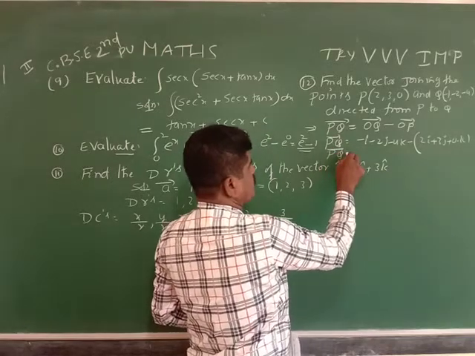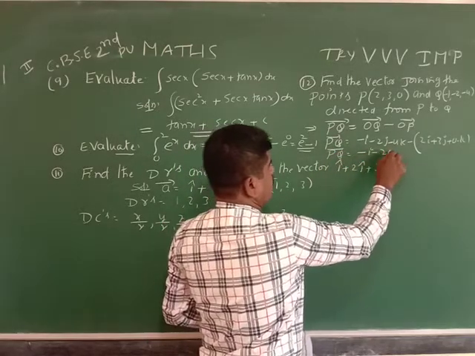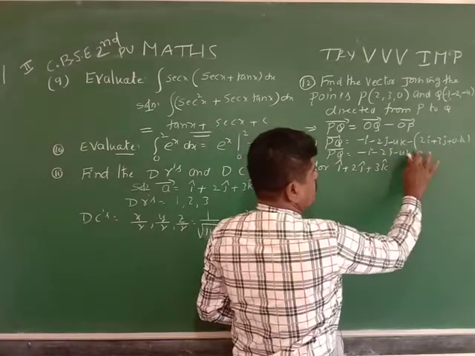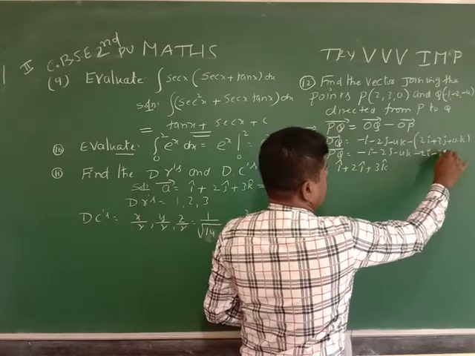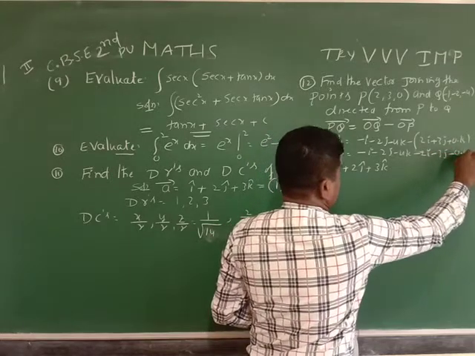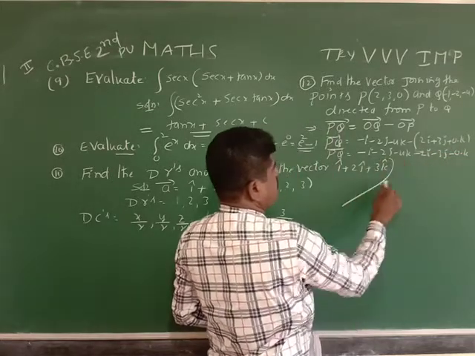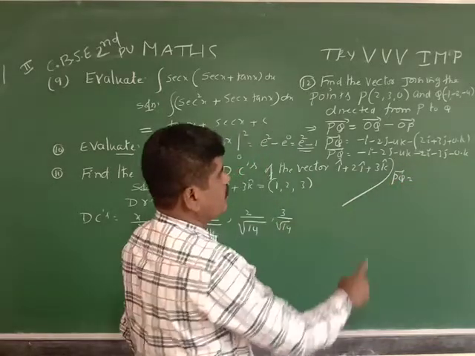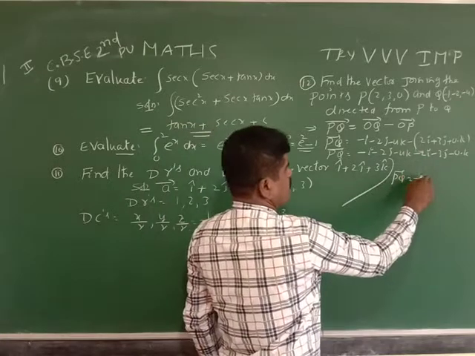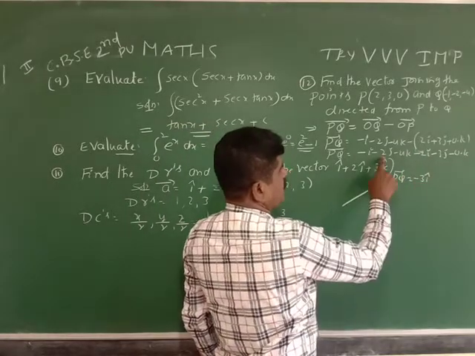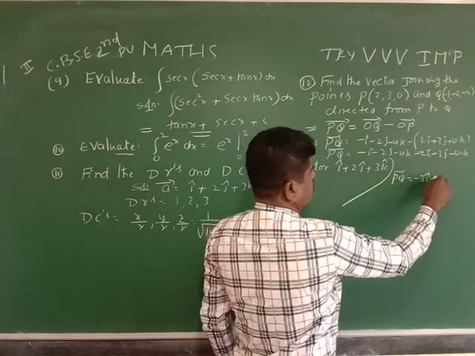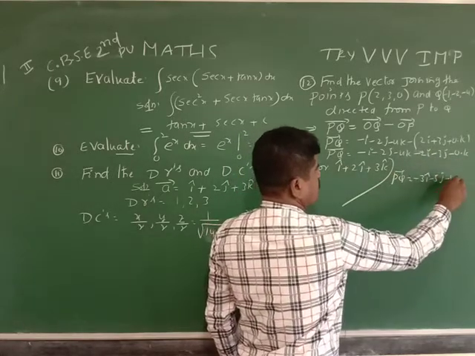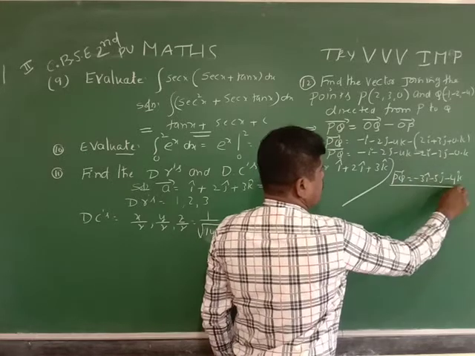Clearly, vector PQ is minus i minus 2i, minus 3i, minus 2j minus 3j, minus 5j, minus 4k minus 0k, the result is minus 4k. This is vector PQ.